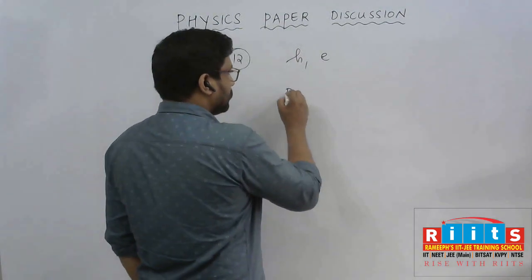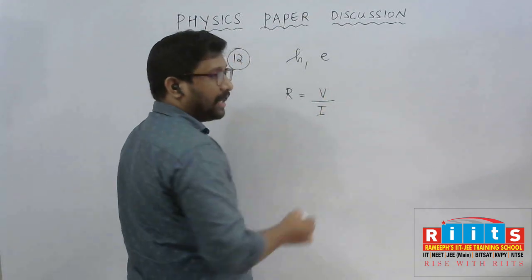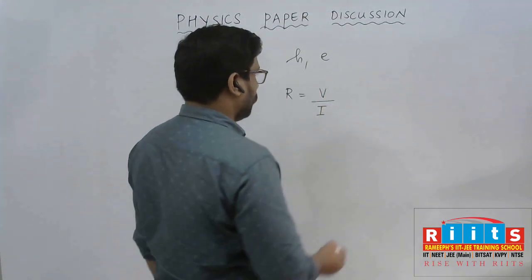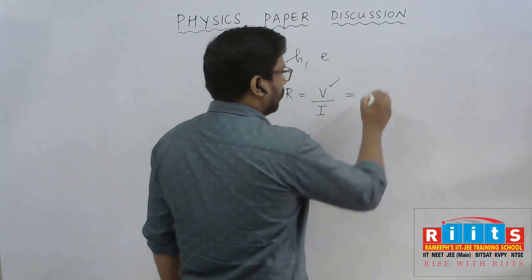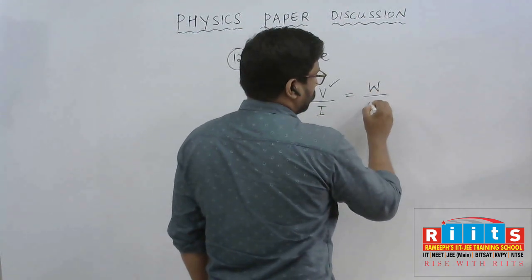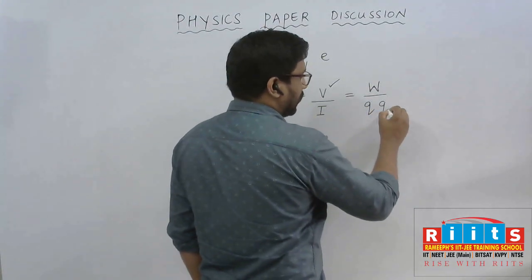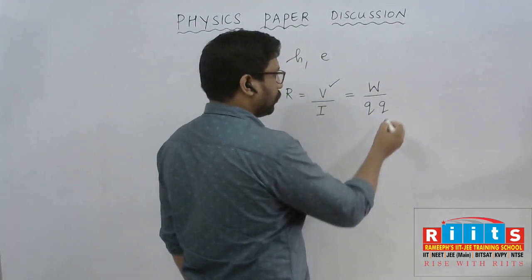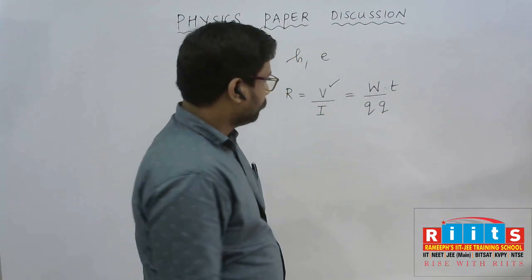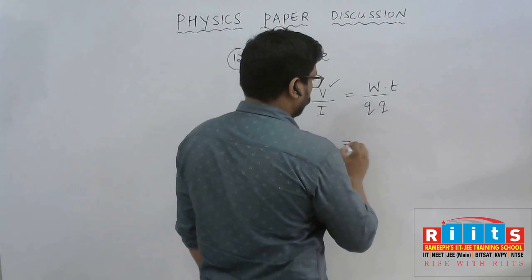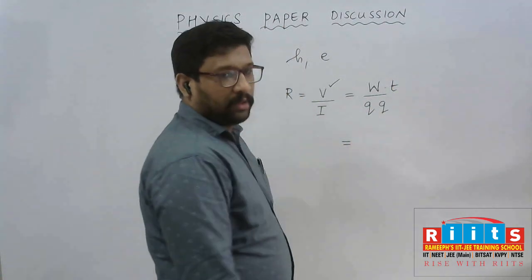You know the resistance can be written as voltage divided by current, V by I. Volt you can write as work per unit charge, divided by current, which is rate of charge flow, Q by T, and T can be written in the numerator. So you are getting W divided by Q square into T.